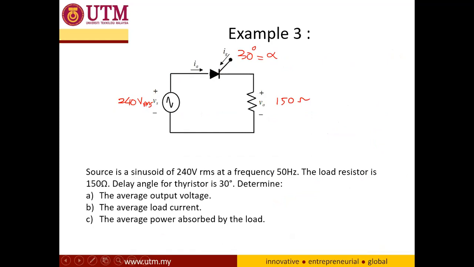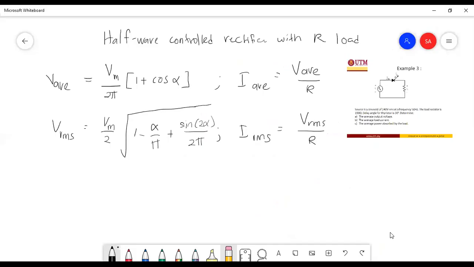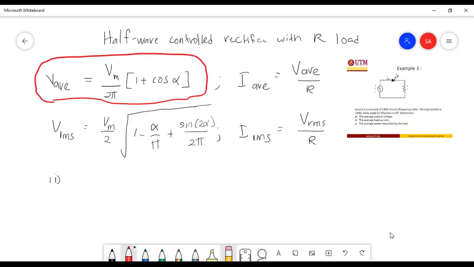For this one I would like to use the whiteboard. As you can see here, these are the equations. The first one is a very straightforward solution, the average output voltage. Use this formula to obtain your V out average.